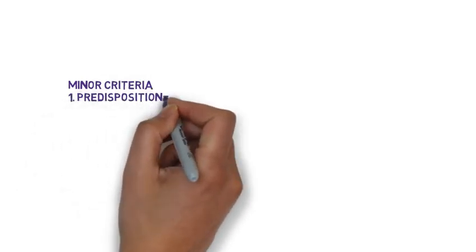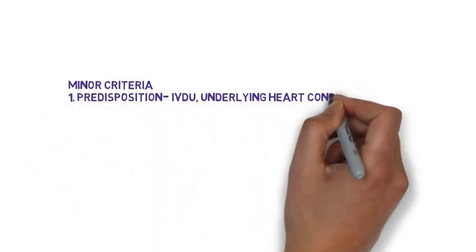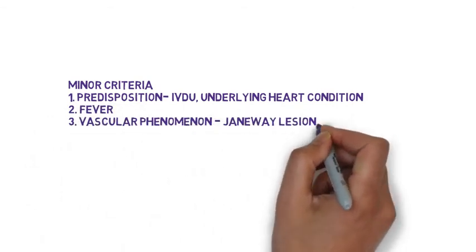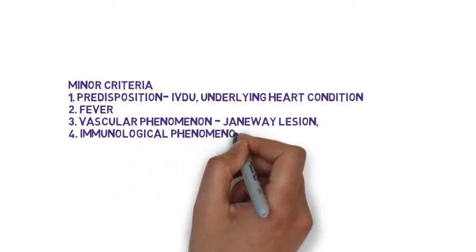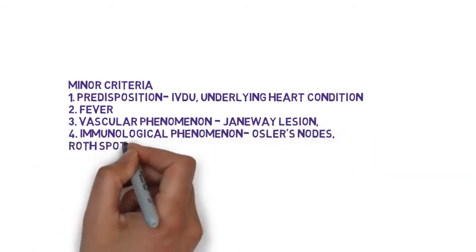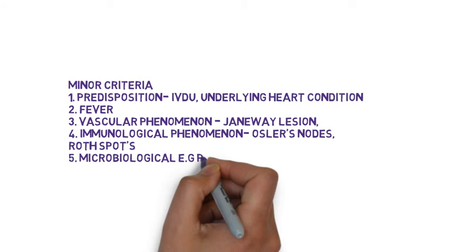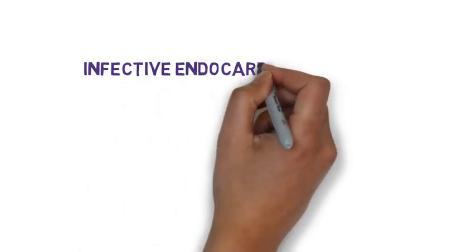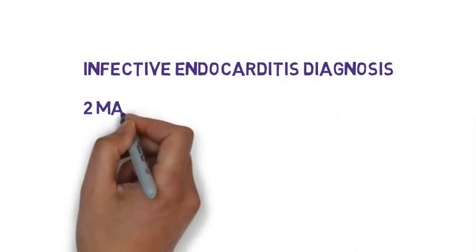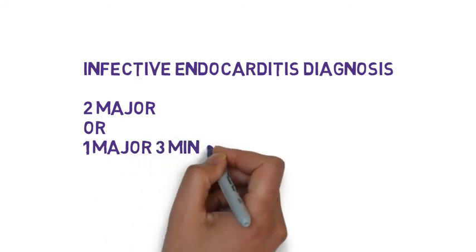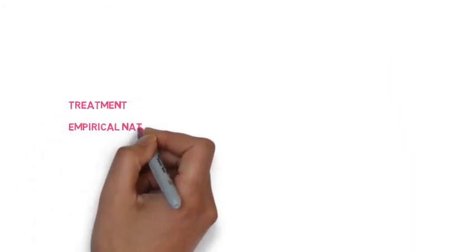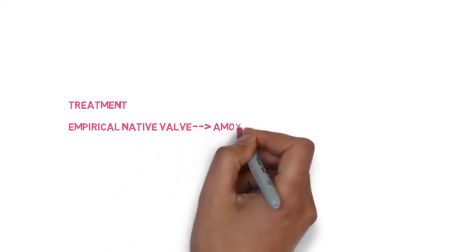And the minor criteria are if they have a heart condition, IVDU, fever, vascular phenomena, immunological phenomena, and microbiological evidence such as blood cultures that do not meet the major criteria. So in order to be diagnosed, it needs to have 2 of the major criteria, or 1 of the major criteria and 3 of the minor, or 5 of the minor.